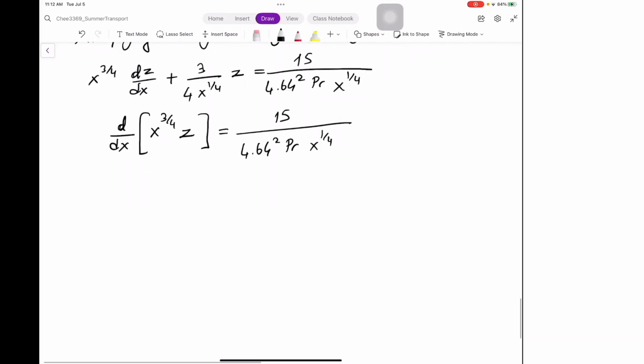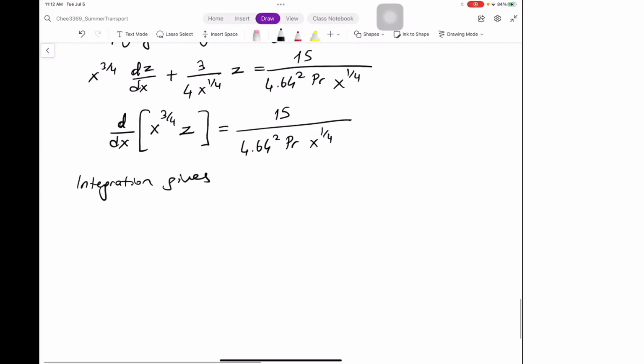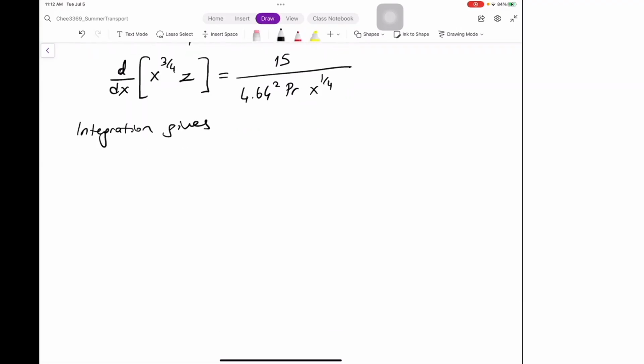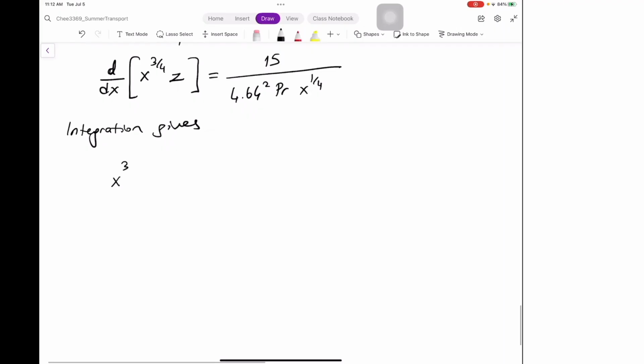Okay. Now integrating gives, if you integrate both sides with respect to dx, you get x to the power 3 over 4 z is equal to 15 over 4.64 squared Prandtl number x to the power 3 over 4 over 3.